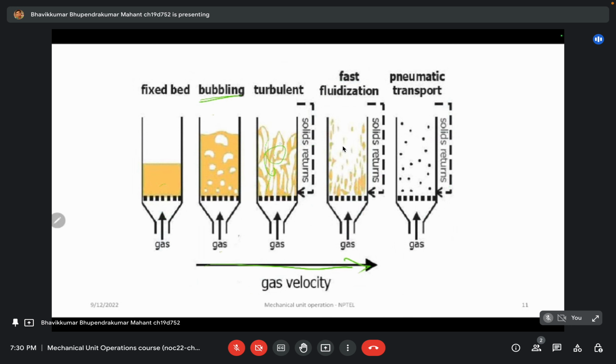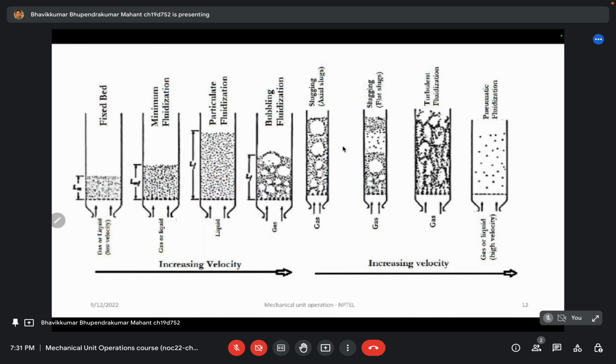In turbulent fluidization, if we want, we can return some part of the solid to the bed, and if we further increase the gas velocity, the turbulent will convert into very fast fluidization, and at the end you go for pneumatic transport. And this is the textbook figure.